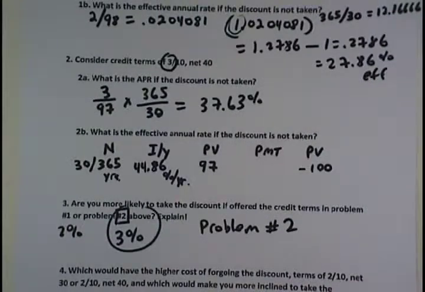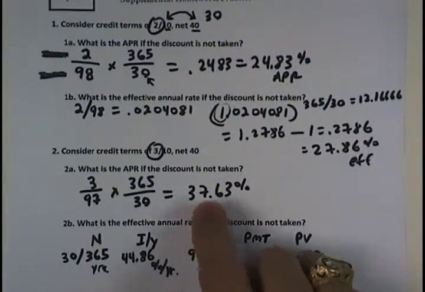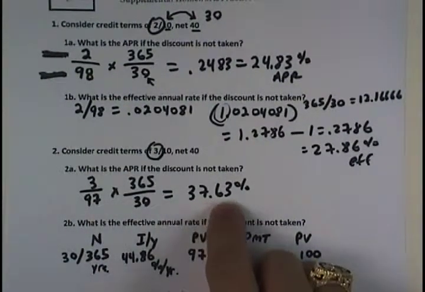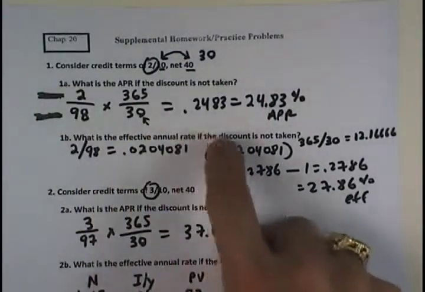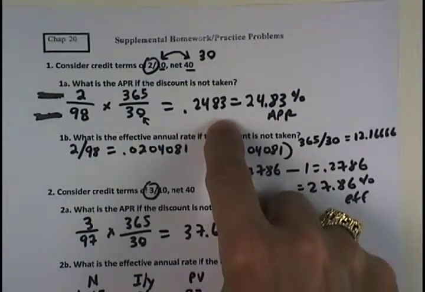the discount is higher. Another way to say that is if I don't take the discount in problem number 2, I must be incurring a higher percentage cost to not take that discount. If I forego the discount in problem 2, I'm paying 37.63% interest by not taking that discount. If I don't take the discount in problem number 1, I'm, quote, only paying 24.83%.